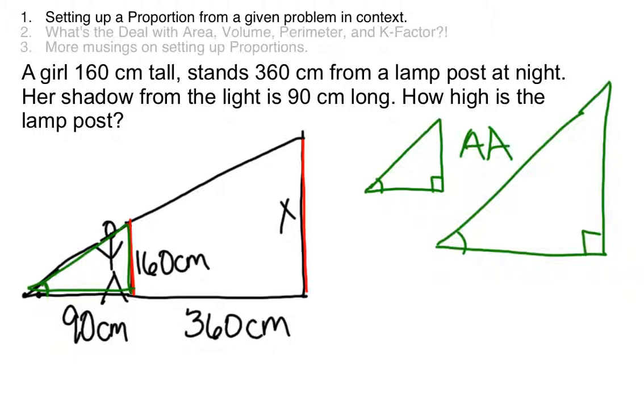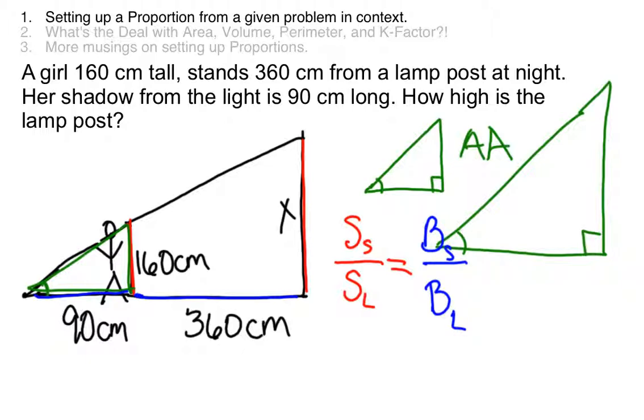Okay, so now I'm going to create these ratios between the smaller triangle and the larger triangle. So we have the side of the small and the side of the large triangle, and I'm going to set that equal to these sides: the bottom of the small over the bottom of the large triangle.